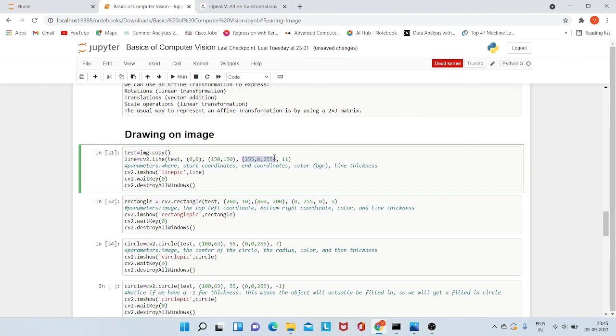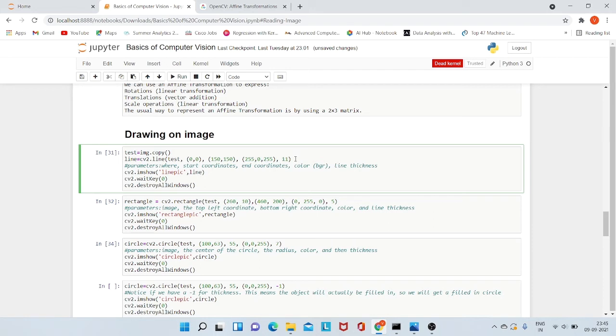If all are 255, it indicates white. If all are 0, it indicates black. And if the first element is 255 and the rest are 0, then it represents blue. And if this is 0, this is 255, and this is 0, then it represents green. And 0 0 255 indicates red. So similarly you can check giving different values, but note that the value should be between 0 and 255.